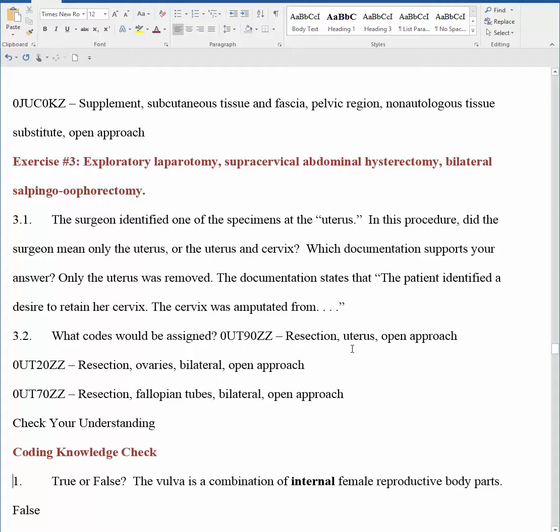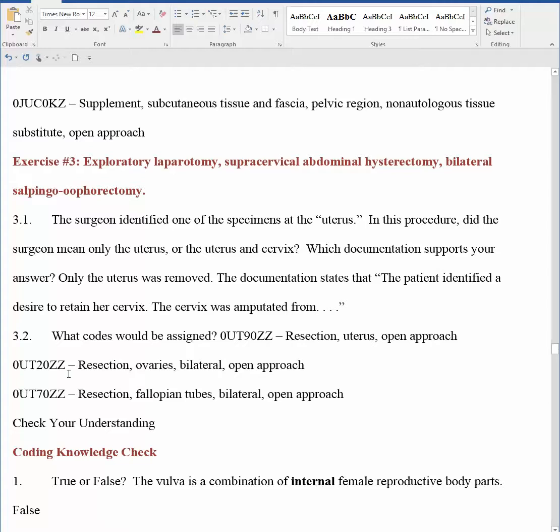What codes are assigned? Well, she had her uterus removed and her fallopian tubes and her ovaries, but she did not have her cervix removed. What codes are assigned? 0UT90ZZ is for the uterus removal. Total is resection. Both of her ovaries were removed. We have the ability to reflect that with one character value for body part that identifies bilaterally.